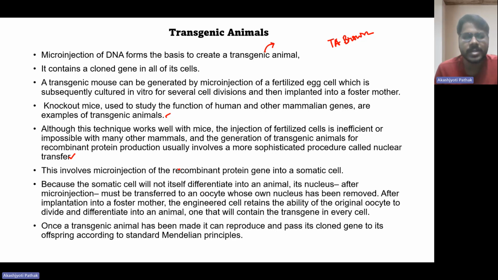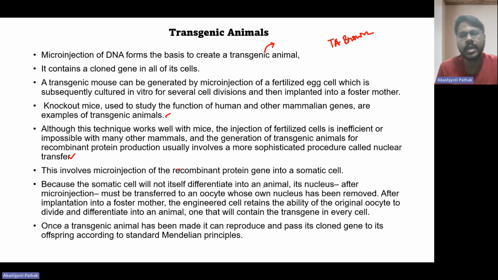Because the somatic cell will not itself differentiate into an animal, the oocyte has the property of totipotency, and it will differentiate into an animal. It will start dividing from zygote, embryo, and subsequently divide. But the somatic cell does not have the ability to differentiate. It will only divide.